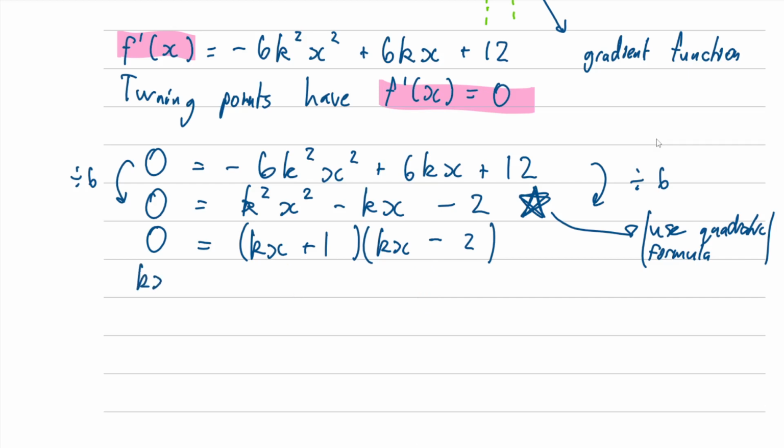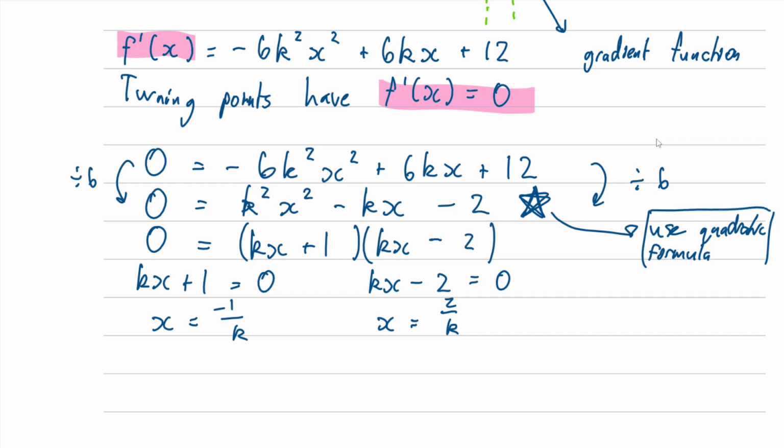So kx plus 1 equals 0 or kx minus 2 equals 0. So solving for x, it would be -1 over k or 2 over k. Would be the two solutions. So again, using the quadratic formula, you will get the same answer. And if you don't, try again.